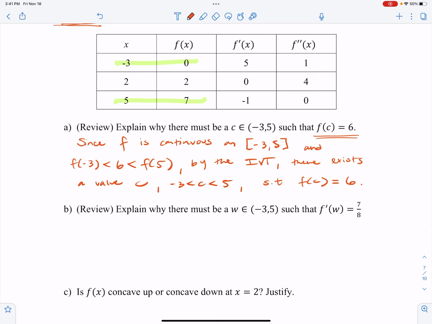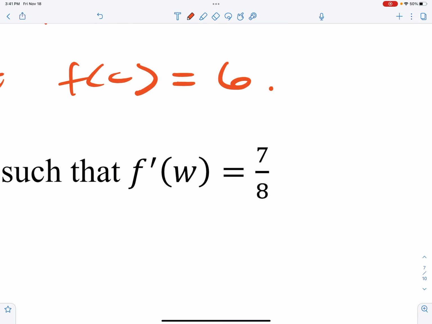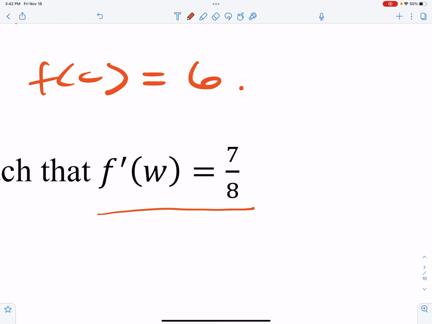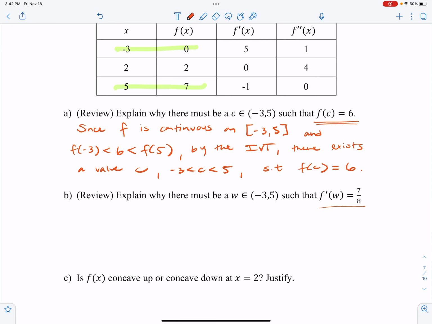Question B is asking, explain why there must be a value w on that open interval, such that f prime of w is equal to 7/8. This question is asking about the existence of a rate of change, the existence of an instantaneous rate of change.